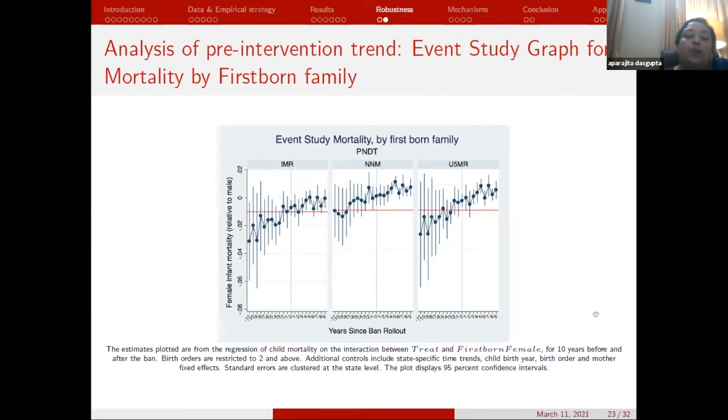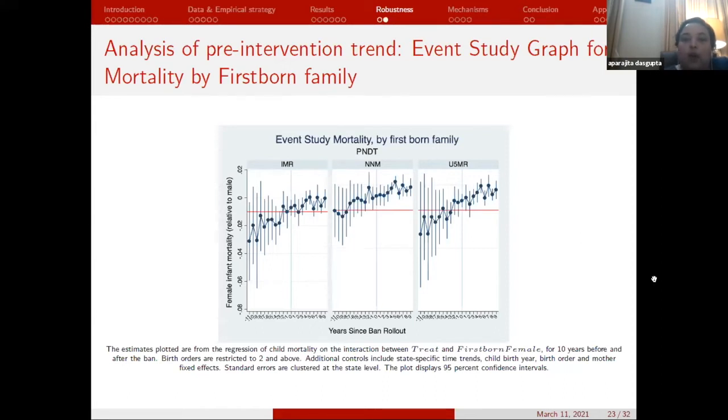And so the way you want to think about this is, since this was staggered in a phase wise manner, we have variation across states over various time points. And so this zero line pertains to the time when the ban came for that particular observation in that state, right?